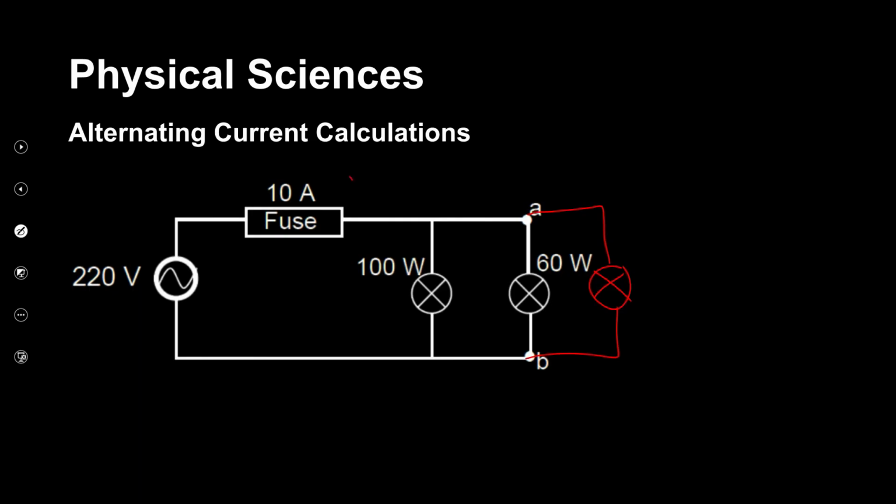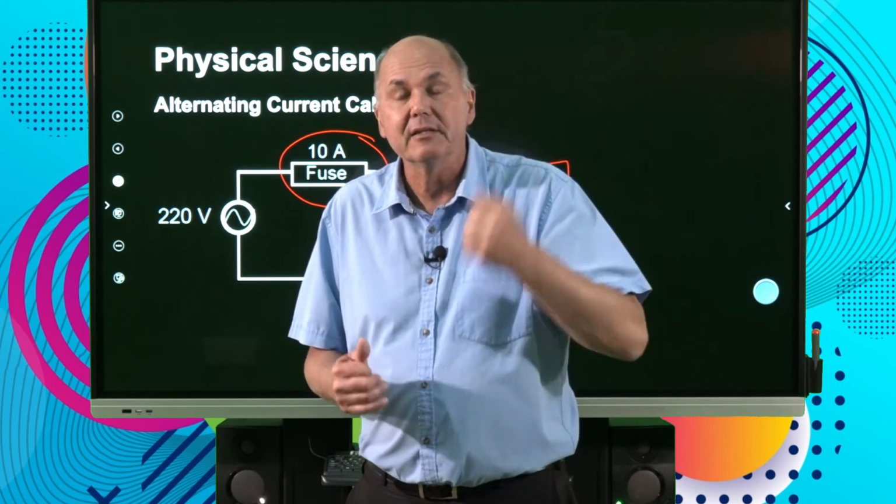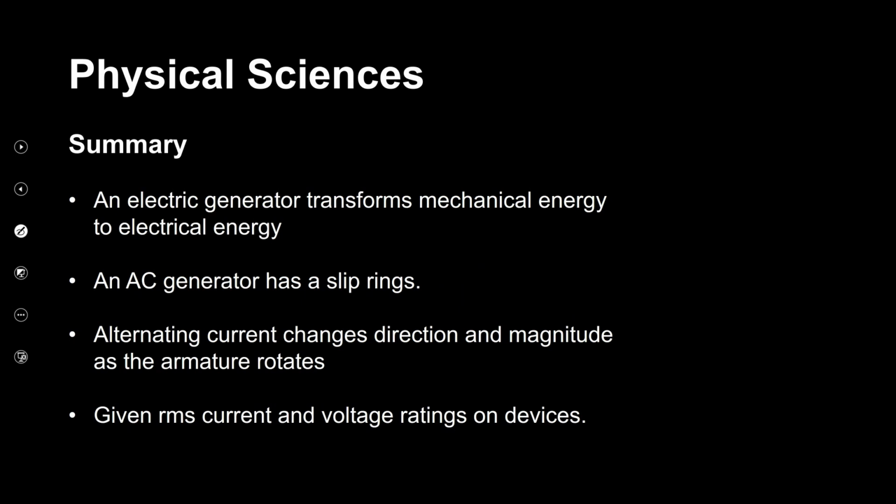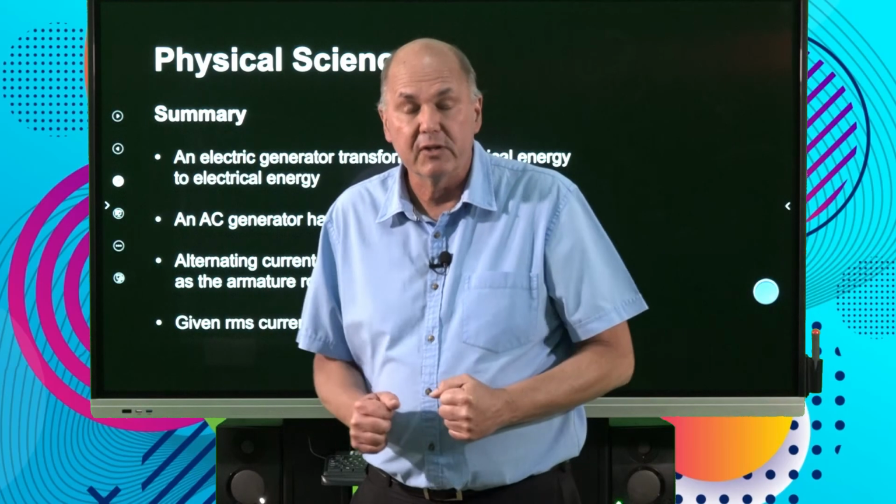And if it gets bigger than 10 amps, then you know what's going to happen? The fuse is going to burn out, and you're not going to be able to work it. So it's not advisable to overload a circuit. So bear in mind that these are important principles to look at when you're solving questions.